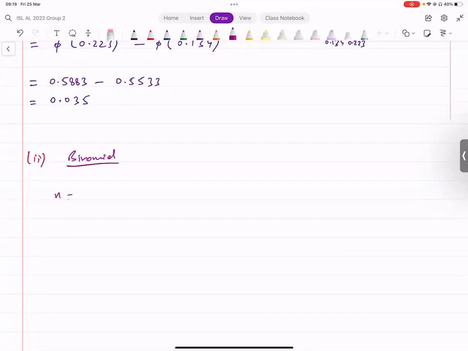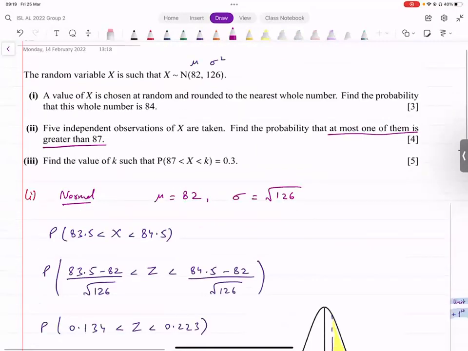और इस binomial के अंदर what's the n? n is 5, right? Number of observations 5 in total. What about probability of success? Success कैसे define हुई है? Success is defined as greater than 87. This is your criteria for success.